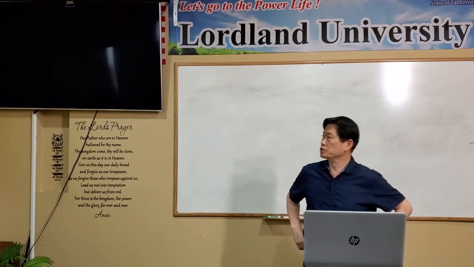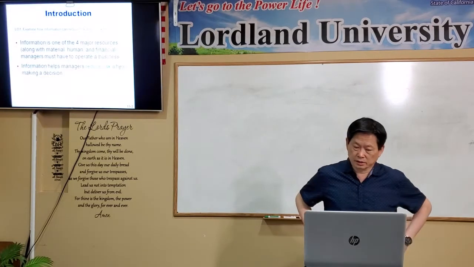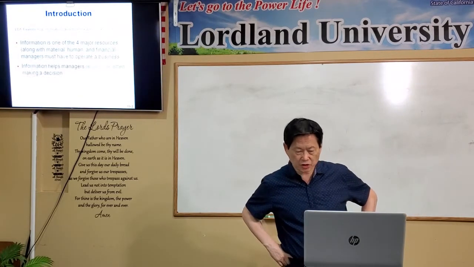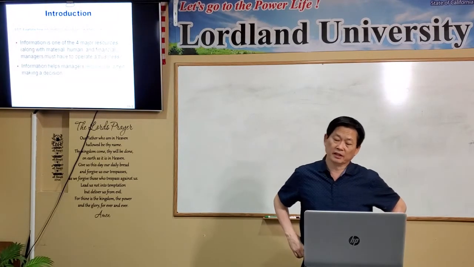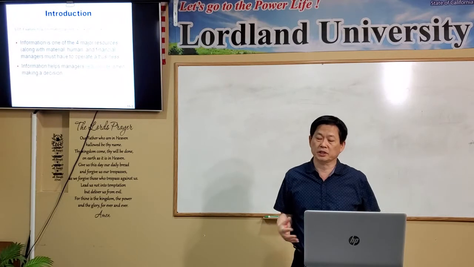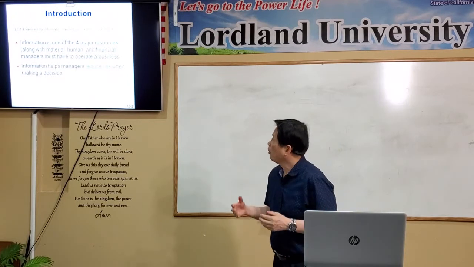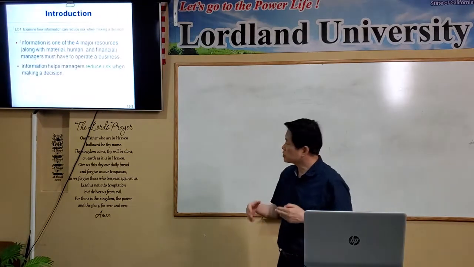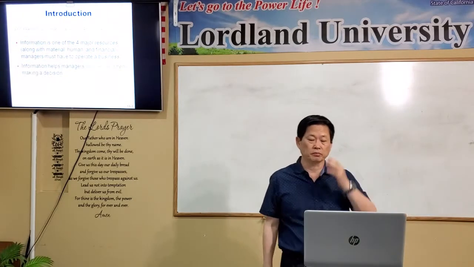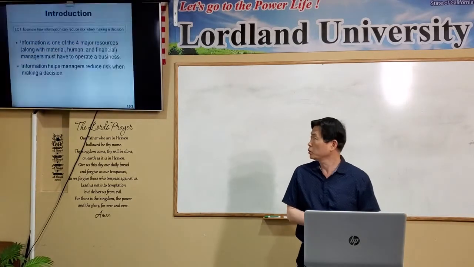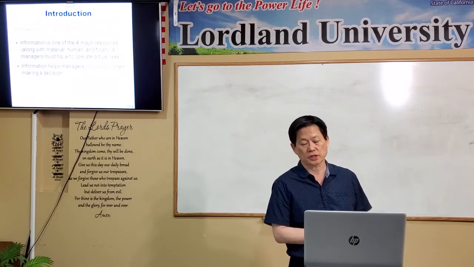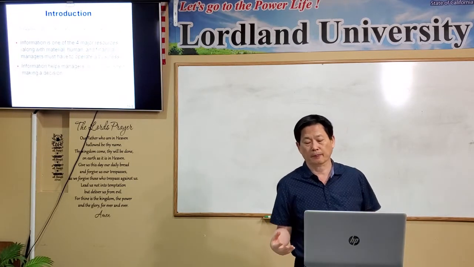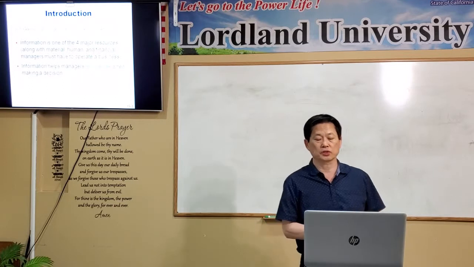Information is one of the 4 major business resources that managers must have to operate a business. The 4 major business resources include material resources, human resources, financial resources, and information resources.